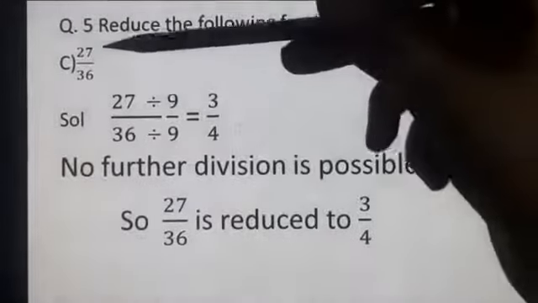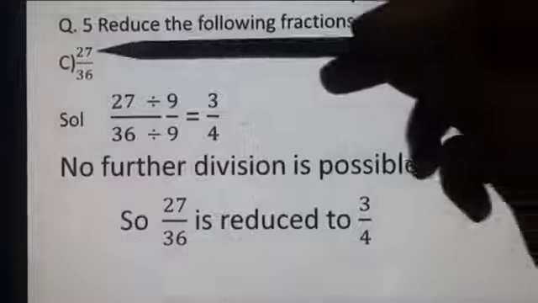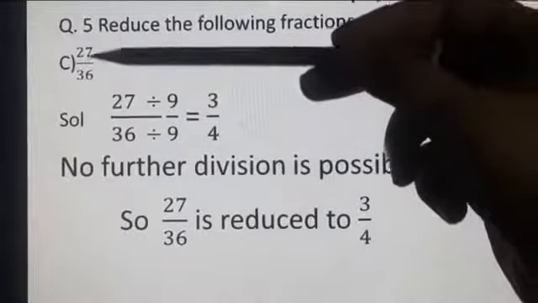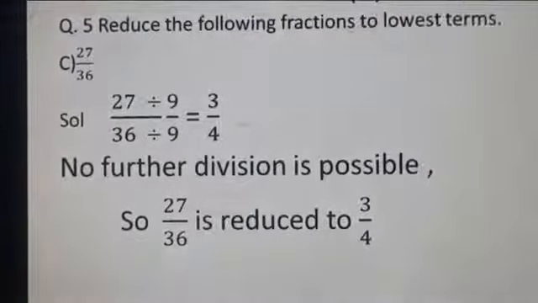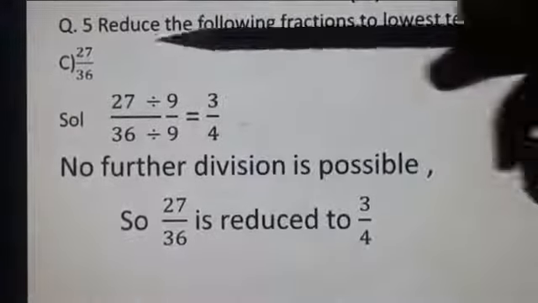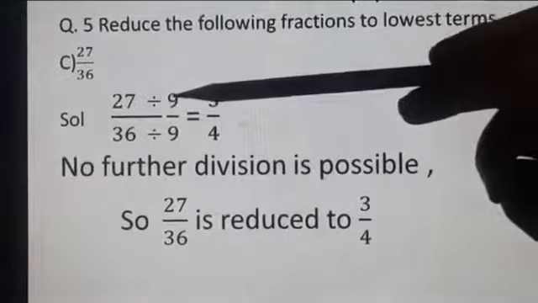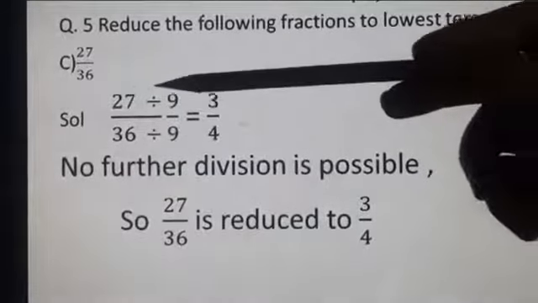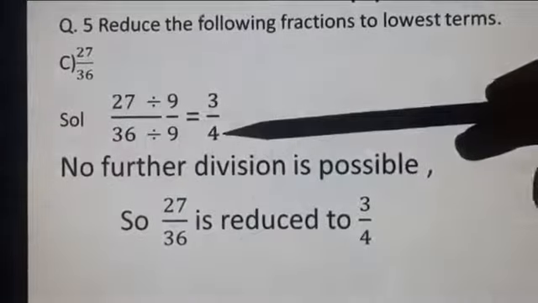Now our C part, 27 upon 36. We know that both the terms 27 and 36 are divisible by 9, divisible by 3. You know this? Okay. So we have started by dividing with 9. 27 divided by 9, 36 divided by 9. So 9 3s are 27, 9 4s are 36.